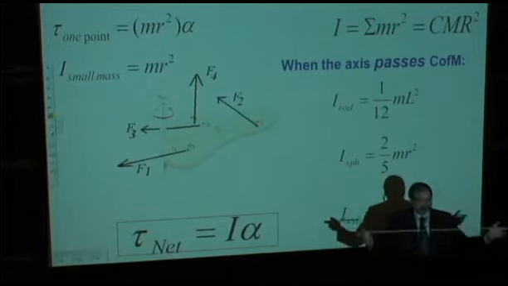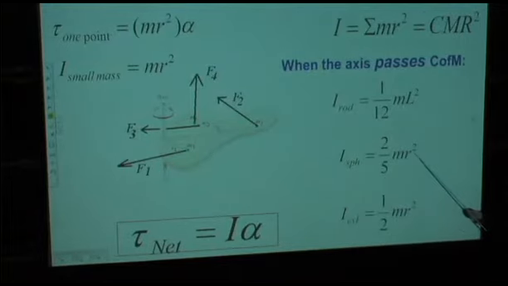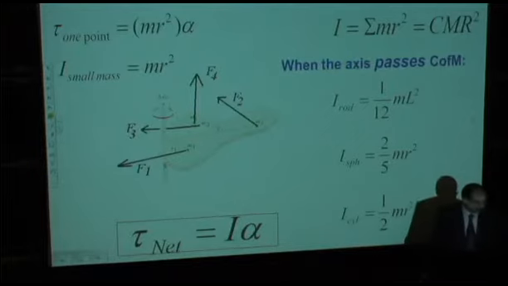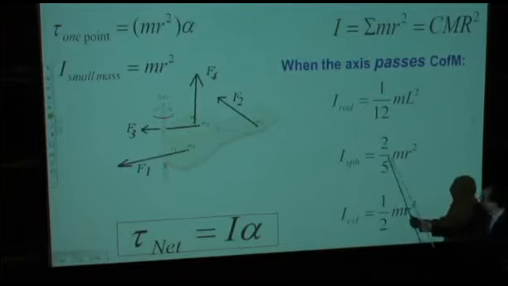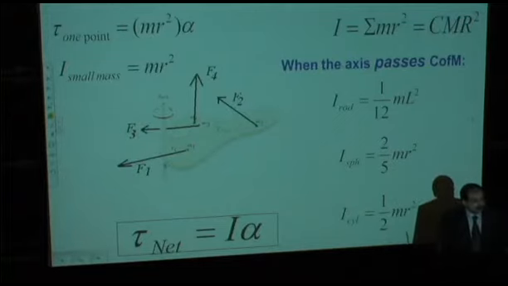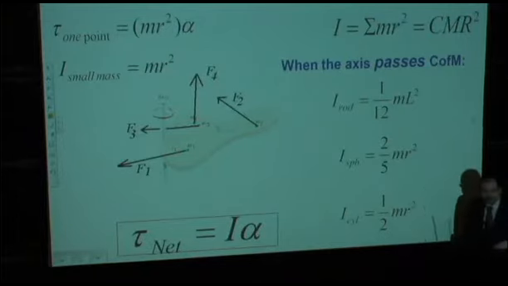Done. Why? Who cares? A sphere, a ball. If you have to calculate the moment of inertia of a sphere relative to the axis traveling through the center, that's your equation.